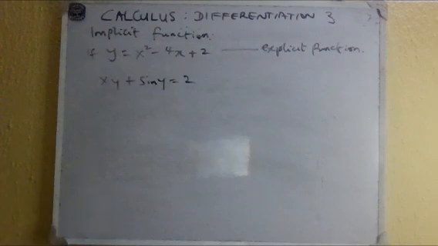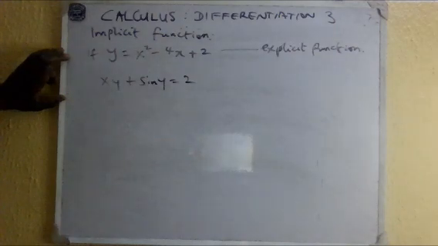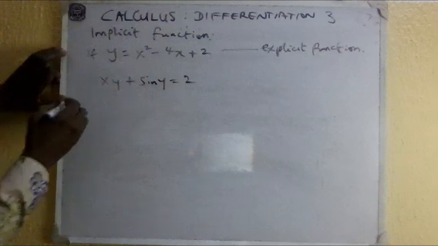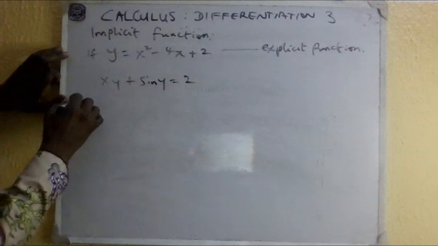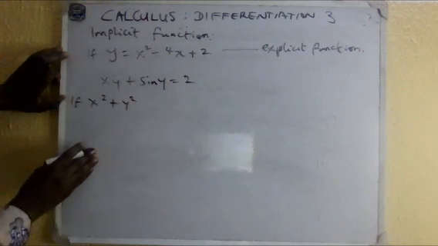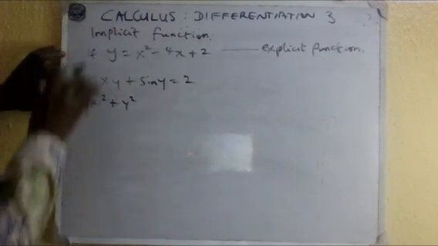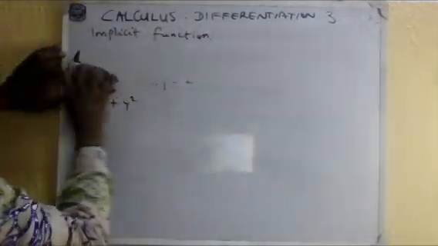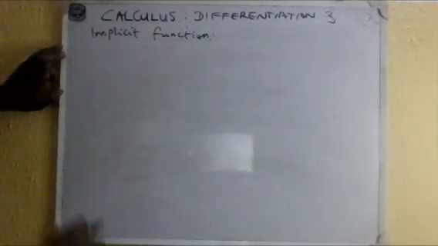Let me give you an example. Let's say we should differentiate. Let me take this off so we can have space for it. So we are still talking about implicit function.